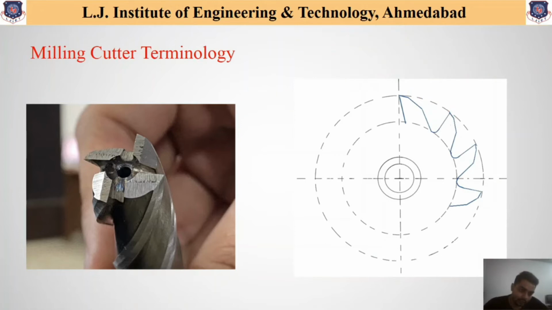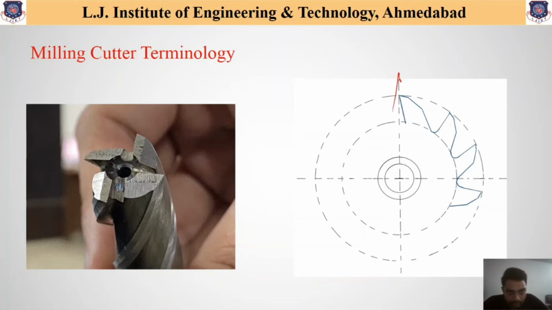Now, for any cutting operation, as we discussed in chapter 1 on the single point cutting tool, some angles are most important to understand material removal from the workpiece. So we will see the most important angles available in this milling cutter. First of all, have a look at this point.